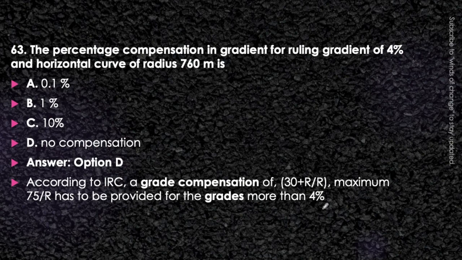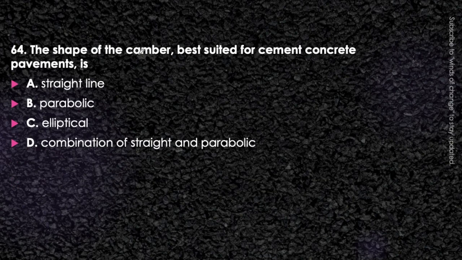Next question. The shape of the camber best suited for cement concrete pavement is straight line, parabolic, elliptical or a combination of straight and parabolic. We are talking about the shape of the camber for cement concrete pavement. What will it be? Think about it.